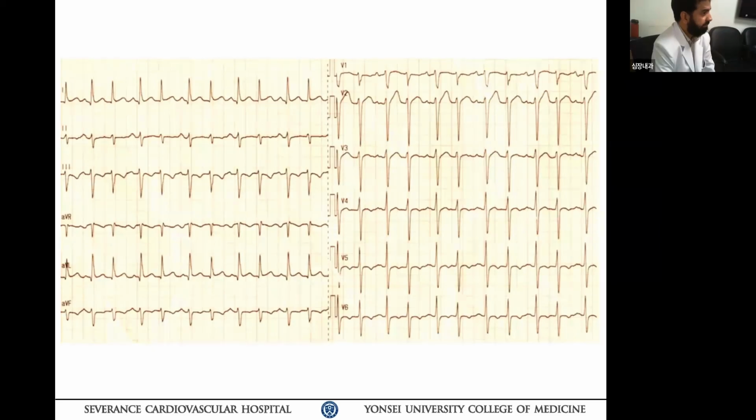Which one do you think is APC? The sinus rhythm, then after which lead? Always tell us the lead.